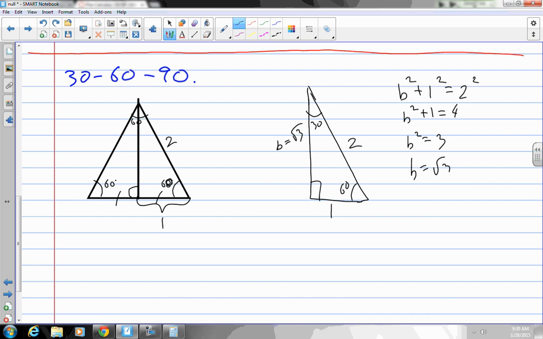So now having that, I can figure out some ratios. So again, let's call this C. And this is A. So in this triangle, I can ask you, well, how about A over C? What is that ratio? And you will say 1/2, right?